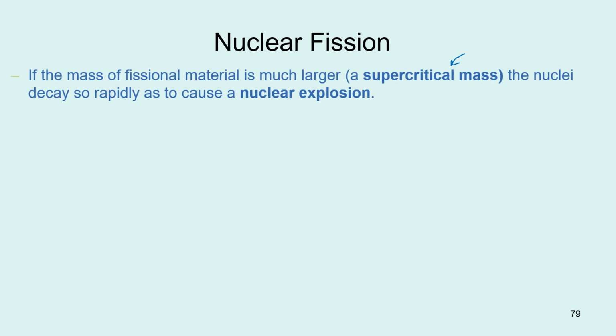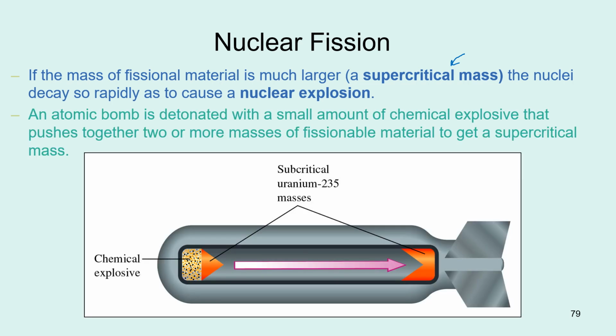Well, how do you keep it from doing that at first? The atomic bomb was made where you had subcritical amounts of the fissionable isotope present, but they were separate from each other. So nothing would happen until you get the critical mass. And you can see here, there's a chemical explosive.